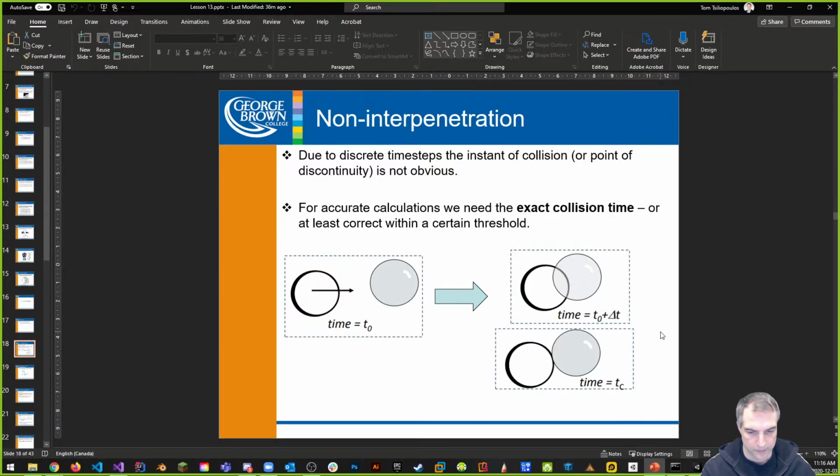So again, when it comes to non-interpenetration, we have these discrete time steps. Again, there's two different kinds of collision detection if you think about it in 3D. One of them is discrete. So when I have a time step, frame 1, frame 2, frame 3, and I keep going one frame at a time, right? And the other one is continuous detection, and that's going outside of the fixed frame game loop that we're using.